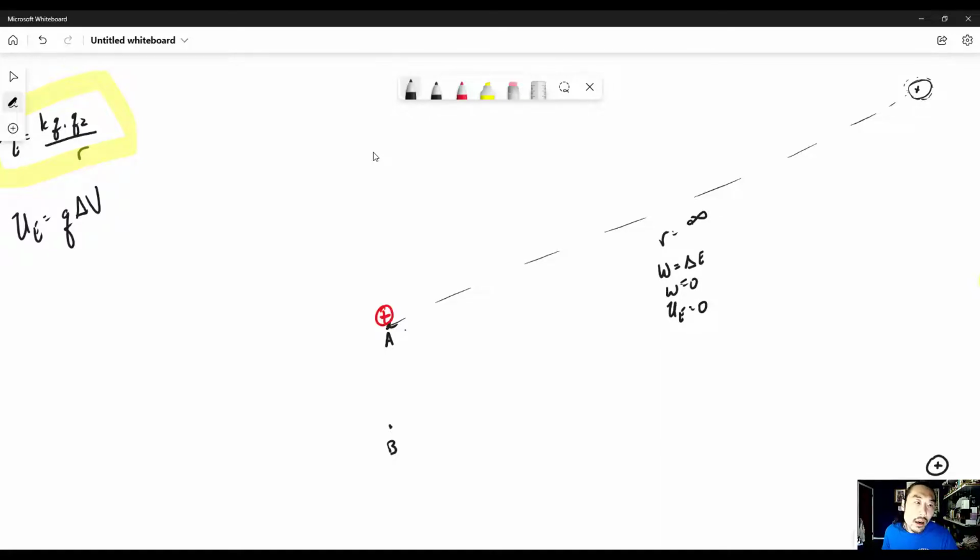But in order to move this new charge to location B, because we are under the influence of this charge here, it will require work to move this charge to point B. So here, the electric potential is not 0, but rather we can figure it out using K Q1 Q2 over R.